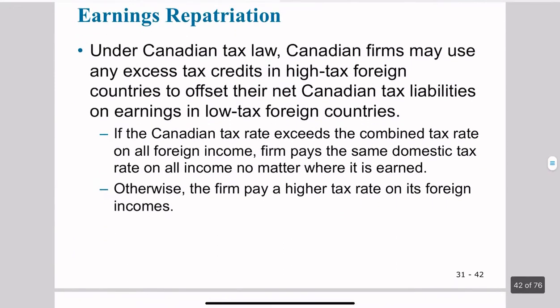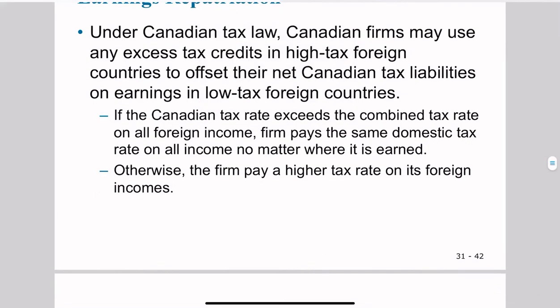Okay, so to be more specific, under Canadian tax law, Canadian firms can use unused tax credit in high tax foreign countries to offset their Canadian tax liability on earnings from low tax foreign countries. So an important point here is you can see that this offsetting effect only exists in foreign incomes between high tax foreign countries and low tax foreign countries, right?